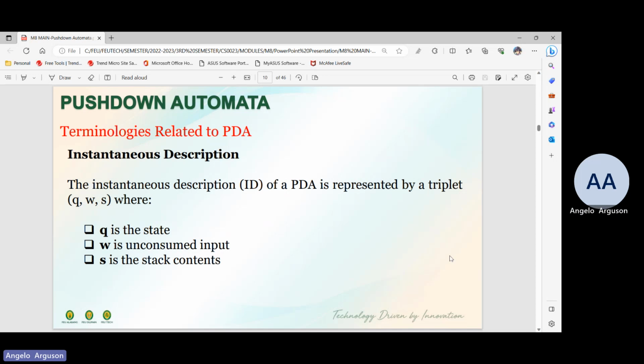Next, here are some other terminologies related to PDA. Okay, so we have instantaneous description. The ID or instantaneous description of a PDA is represented by a triplet Q, W, S, where Q is the state, W is unconsumed input, and S is the stack contents.